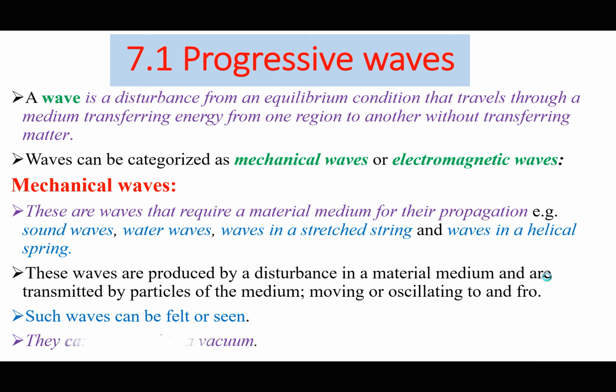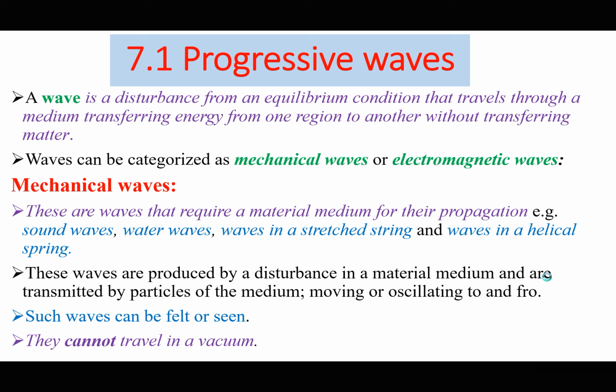However, these ones cannot travel into a vacuum. Mechanical waves cannot travel through a vacuum because they require a material medium for their propagation. We are much aware that there is no material medium in a vacuum. It is just empty space without even air. So sound waves cannot travel through a vacuum because they require a material medium.